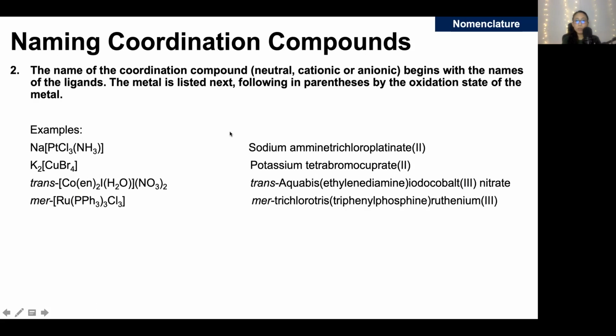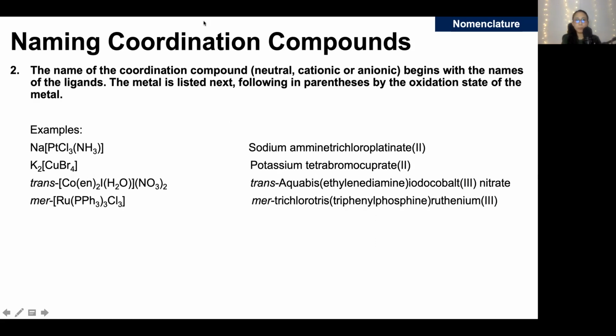Rule number 2. The name of the coordination compound, whether it's neutral, cationic, or anionic, begins with the names of the ligands. And then the metal is listed next, followed in parentheses by the oxidation state of the metal.